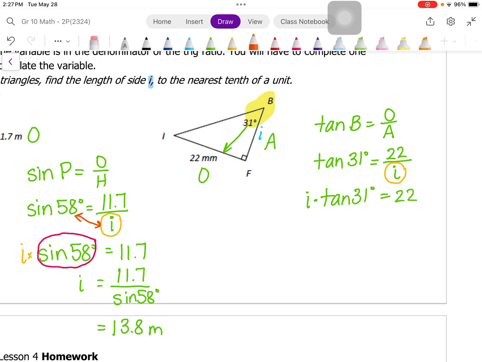And now I need to divide by tan 31 so that I can isolate I. So I have 22 divided by tan 31. And if you plug that into your calculator, 36.6 millimeters is what side length I is equal to.